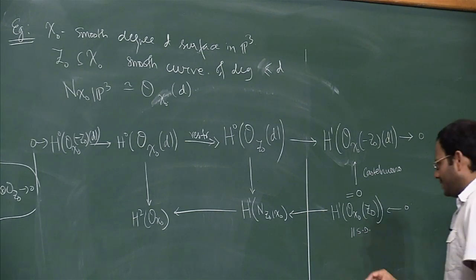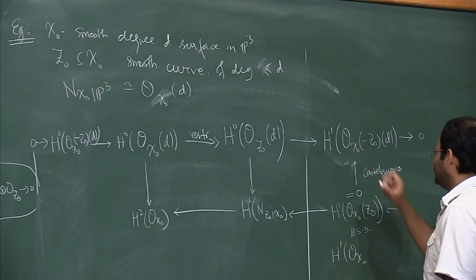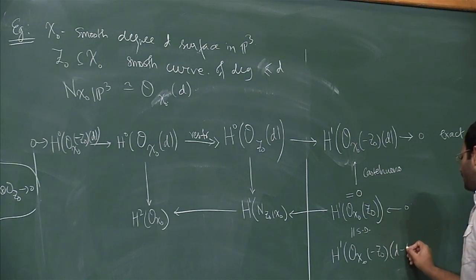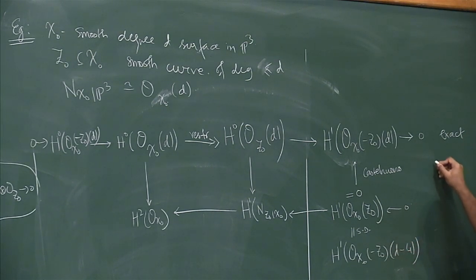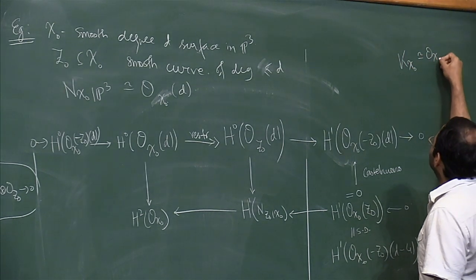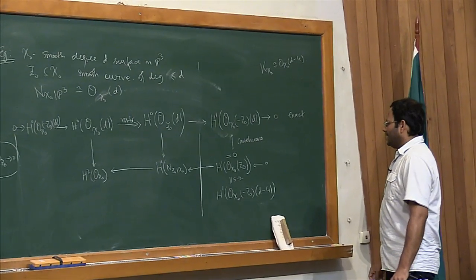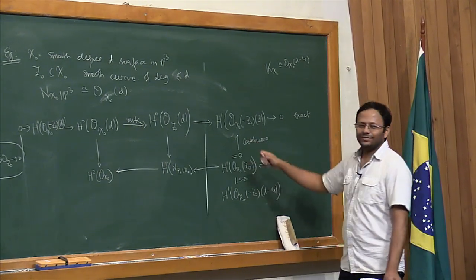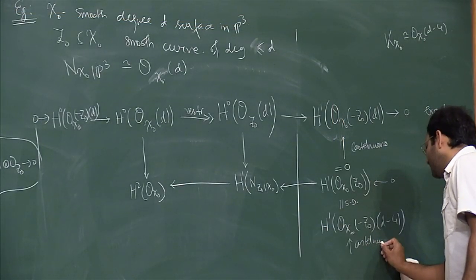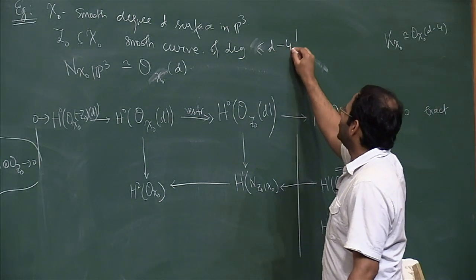But now here if I apply Serre duality, I will get a similar situation as here, but instead of D I will get D minus 4, and this is because the canonical divisor is isomorphic. And here, similarly, for the same reason, for this one to vanish again by Castelnuovo, I need D minus 4.